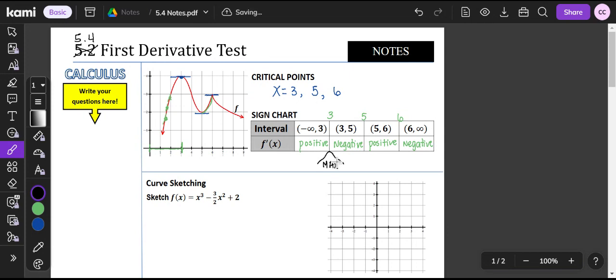So I could say that x equals 3 is a maximum value. Okay, then if I have along the next critical point, an interval going from negative to positive, this is a minimum value. So x equals 5 is a minimum. And then from positive to negative again, this is another maximum value.